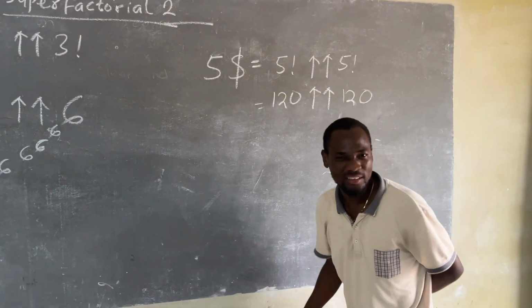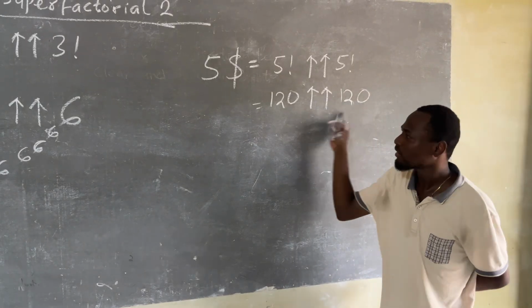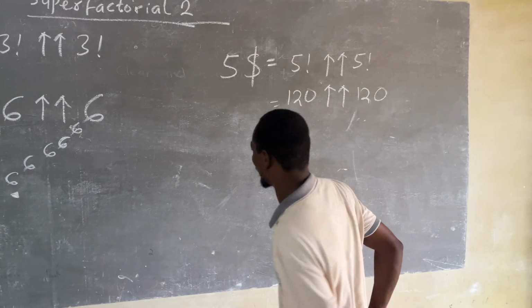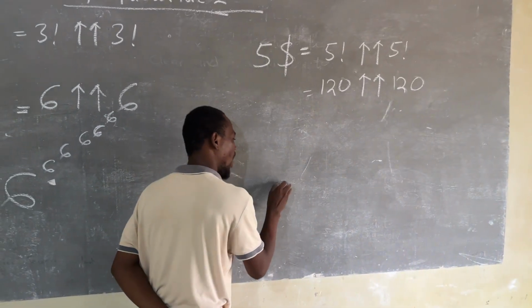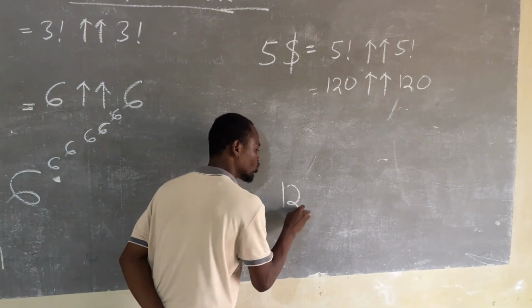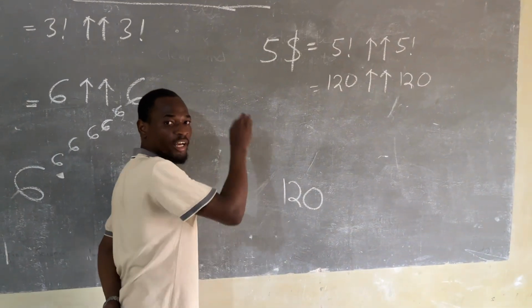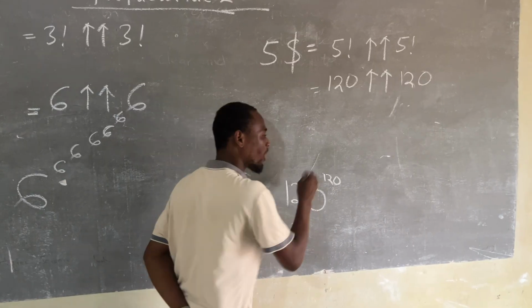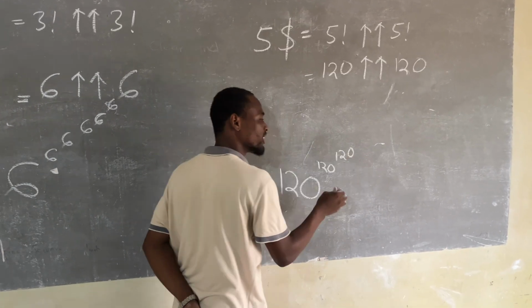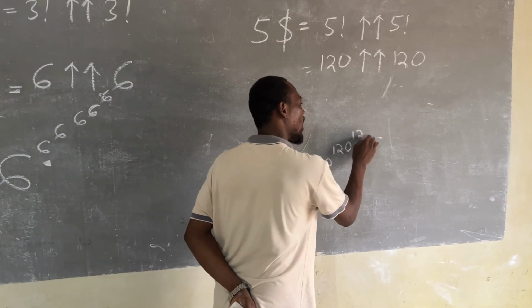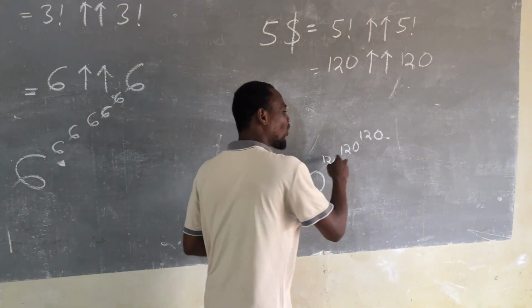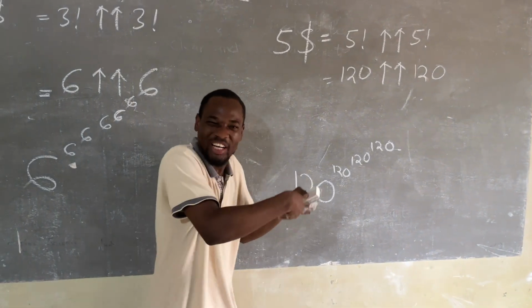So viewers, how are we going to form a tower out of this? This is what we are going to do. We have 120, raised to the power of 120, raised to an exponent of 120. Realize that you cannot write 120 times.